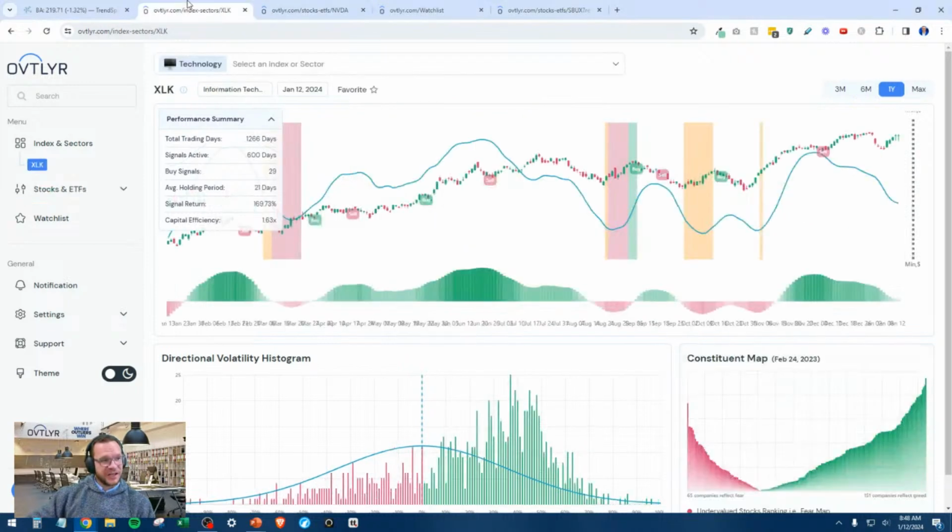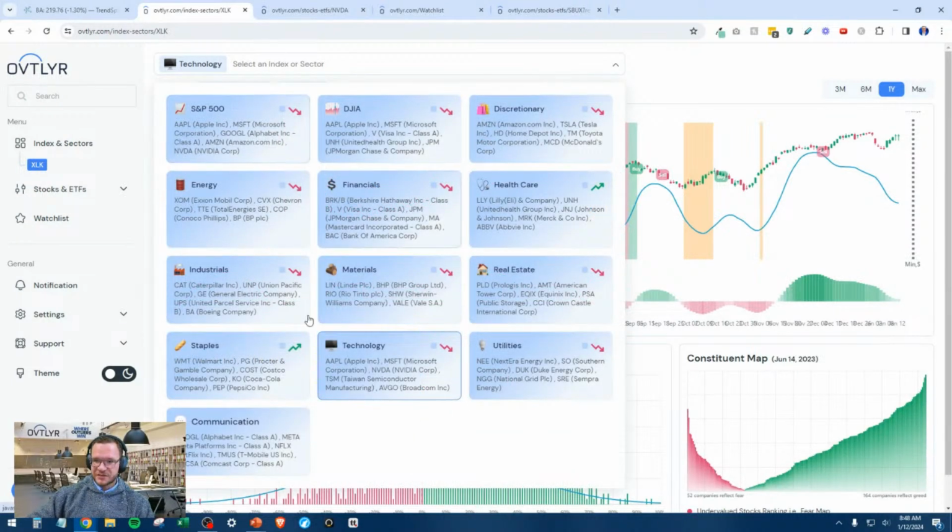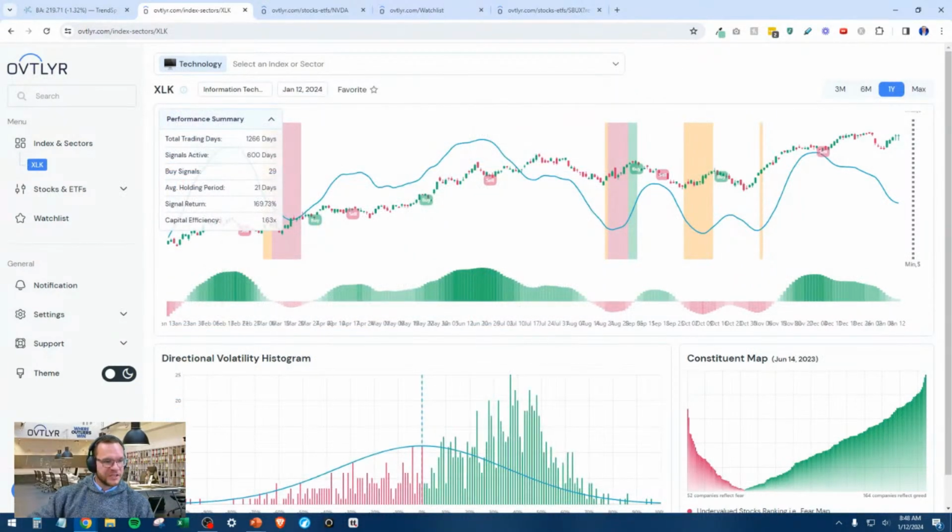And then additionally, we have the analysis done on XLK, which is the information technology sector. And if you look up here, you can see the sectors right here, all showing their current market trend. So great question.